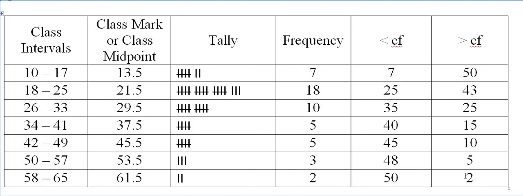What can we learn from this frequency distribution table now? For 1, 10 of the 50 sample customers who entered the newly opened supermarket are aged 26 to 33.